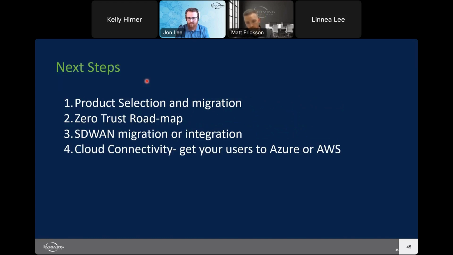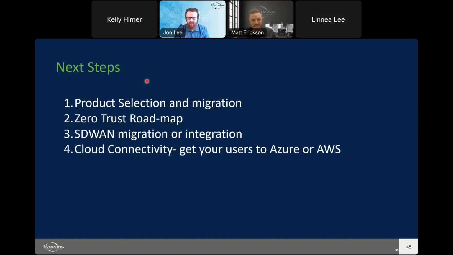The last thing from our perspective, things we can do to help, would be to reach out to us for your zero trust roadmap. It's typically one of the priorities. It's just a matter of where it fits in. So we help through that. Everybody is at a different place with the different products and systems you currently have in place, and timelines or expiration of contracts.